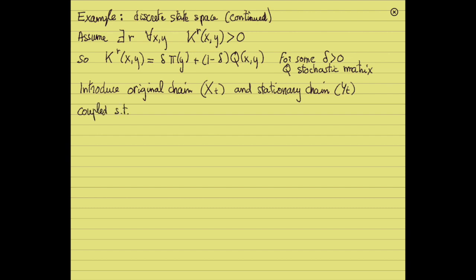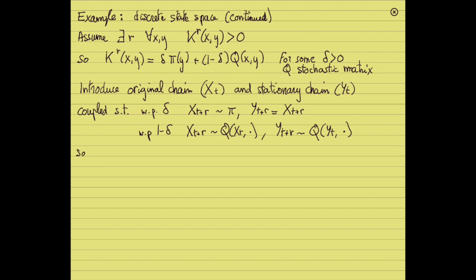So they're going to be coupled such that, to sample the next X_{t+R} given X_t, with probability delta, we sample from pi, and we set Y_{t+R} to be equal to X_{t+R}. So we're currently at time t and generating what happens at time t plus R. With the remaining probability, 1 minus delta, we sample X_{t+R} from Q and Y_{t+R} from Q as well, one given X_t and the other one given Y_t.